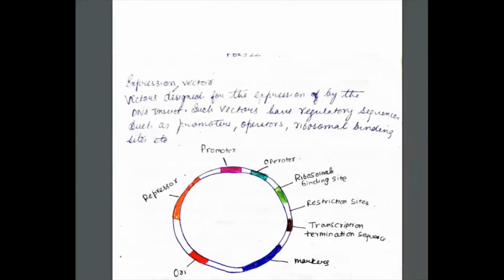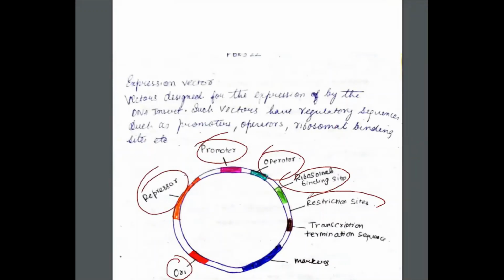Let's learn the expression vector. Expression vector means the vector is for expression. That means it should have an origin of replication, a promoter, operator, repressor, chromosomal binding protein, restriction site, termination sequences, and obviously markers. If it has all of these, then it works as an expression vector because it has to produce something.